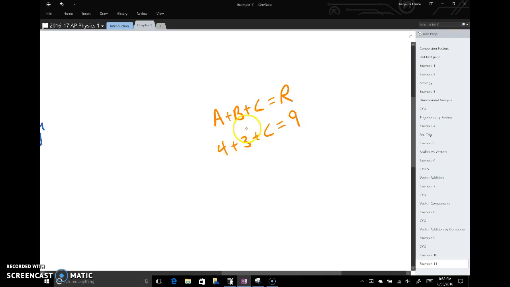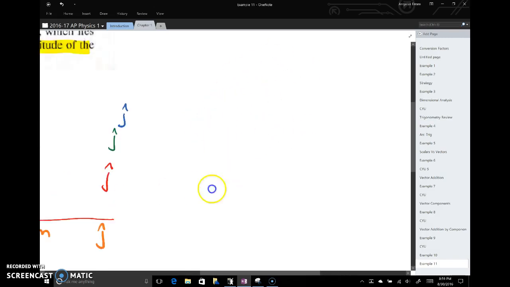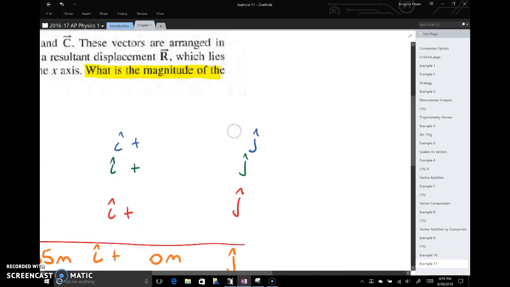Well, what we can do then is we just need to figure out what's missing, and solve. So this is how we would solve the problem with scalars, and the way we solve it with vectors is very similar. It's just a little bit more involved, that's all.